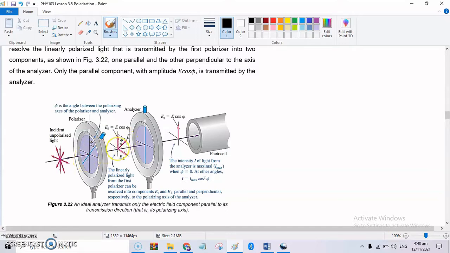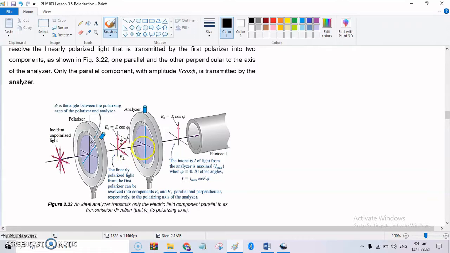So here it is. Upon reaching the next analyzer, it will only pass through the Y component of this light. This is our original light and it has a Y component line and an X component line.